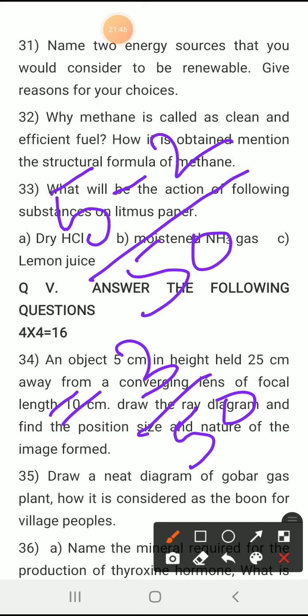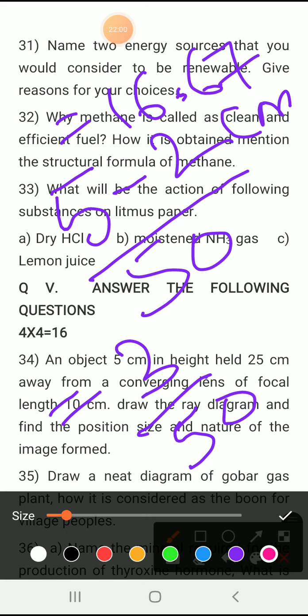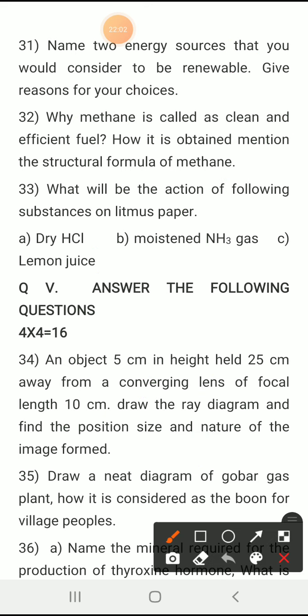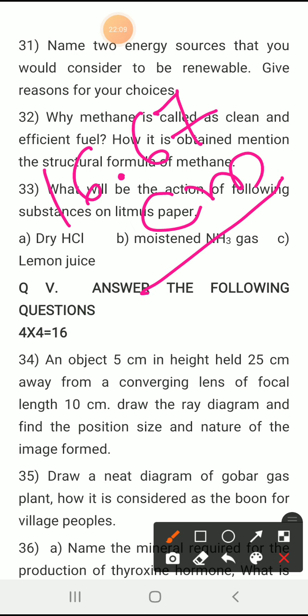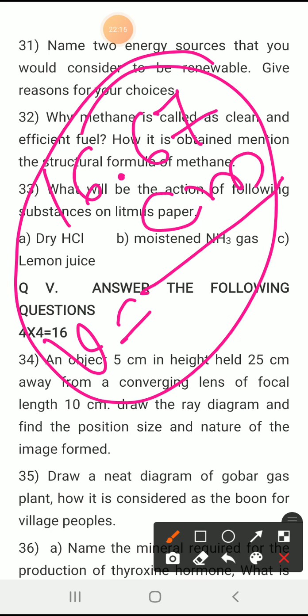So v comes as 16.67 centimeters. Got it?